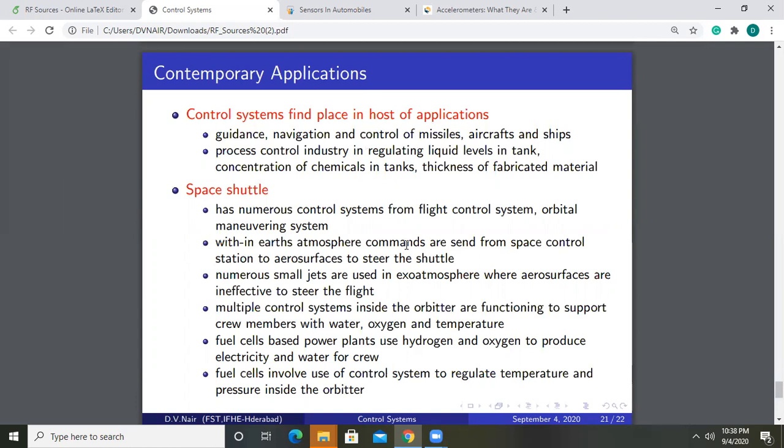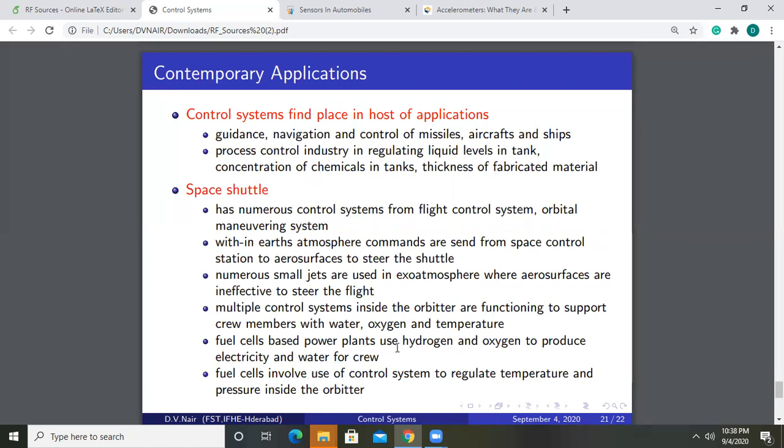So from the ground station, the aero surfaces are controlled to steer the shuttle. But once it is outside the atmosphere of Earth, no more aero surfaces have any impact on steering the flight. Then there are numerous small jet engines which are used to navigate and guide the spacecraft.